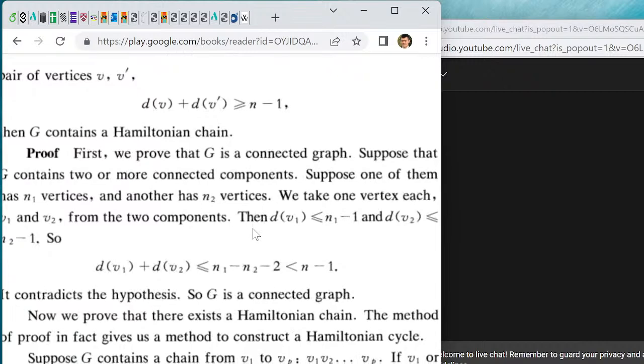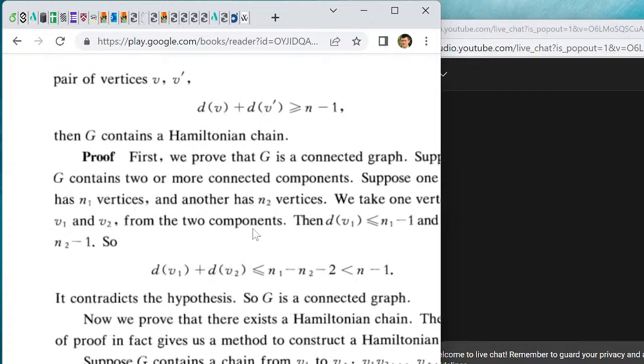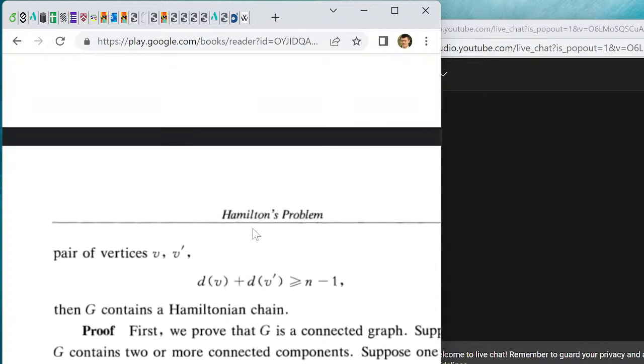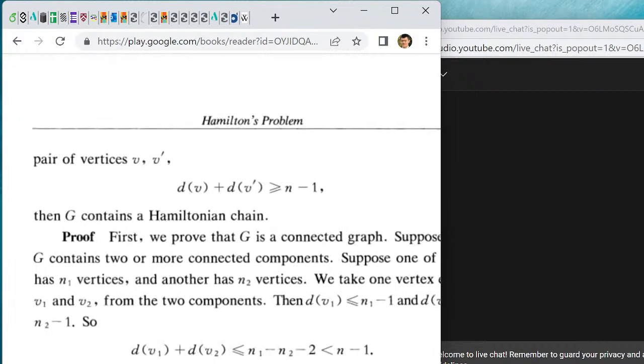Okay. So now why are their degrees less? So being n vertices, yeah, of course. They're connected to only the things in their connected component, which is n1 vertices.